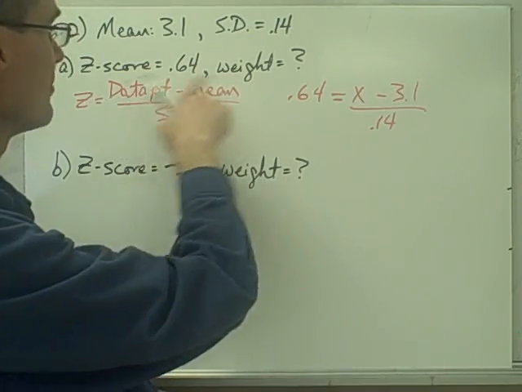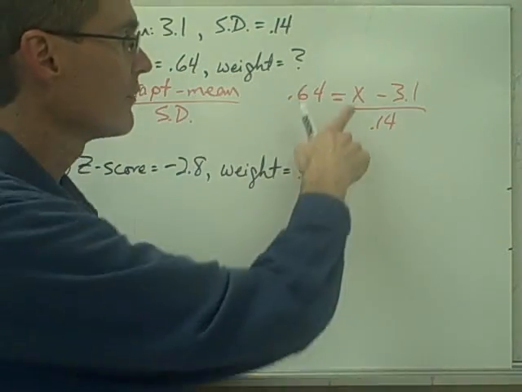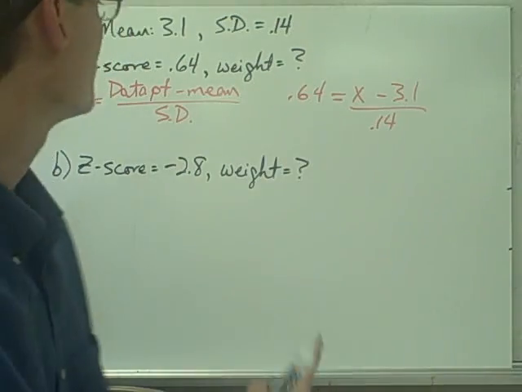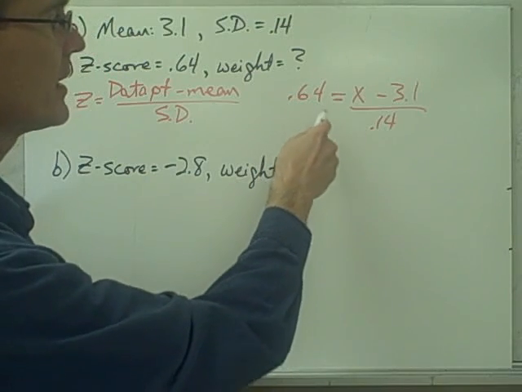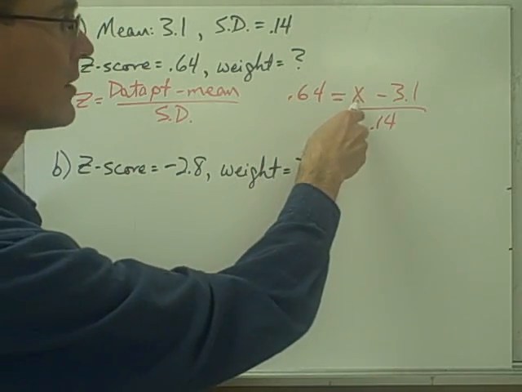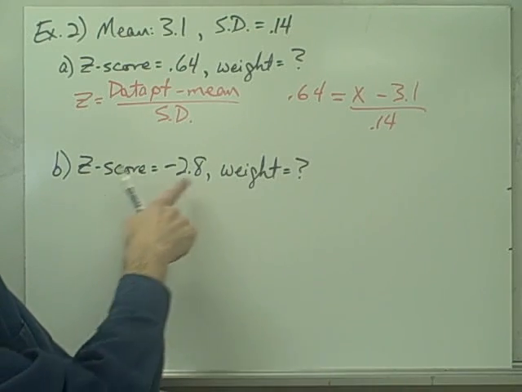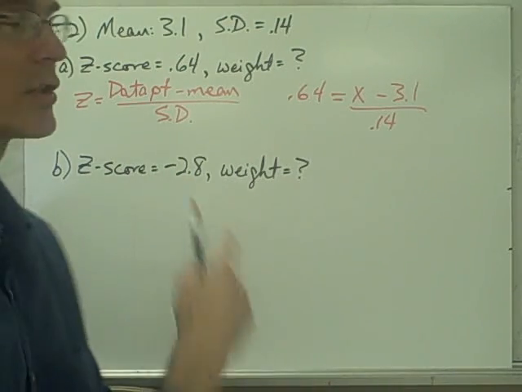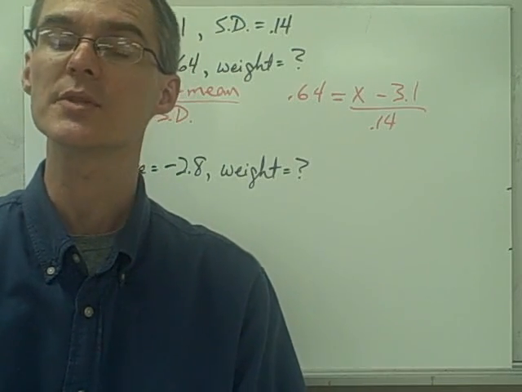That unknown is my data point, which is the weight of my penny. All I need to do is solve that equation for x, and I'll have the weight of a penny whose z-score is 0.64. Now I'm going to leave this for you to work out and find out what the weight of that penny is. And I'm also going to leave part B here for you to figure out. It's essentially the same calculation, just a different z-score. So I'll leave that for you, and we'll take a look at these examples in class tomorrow.